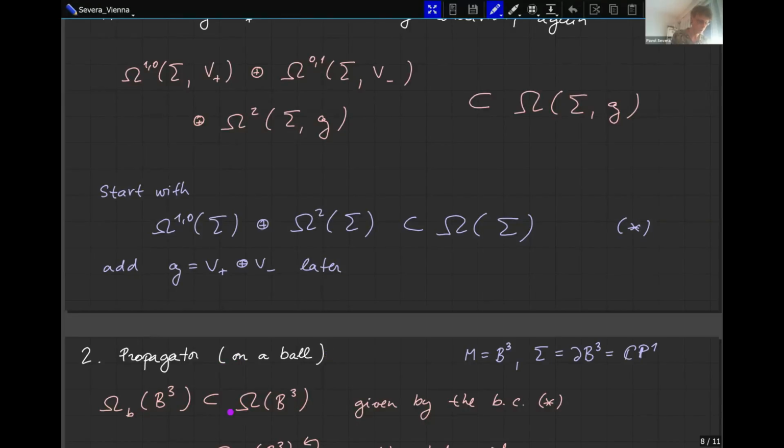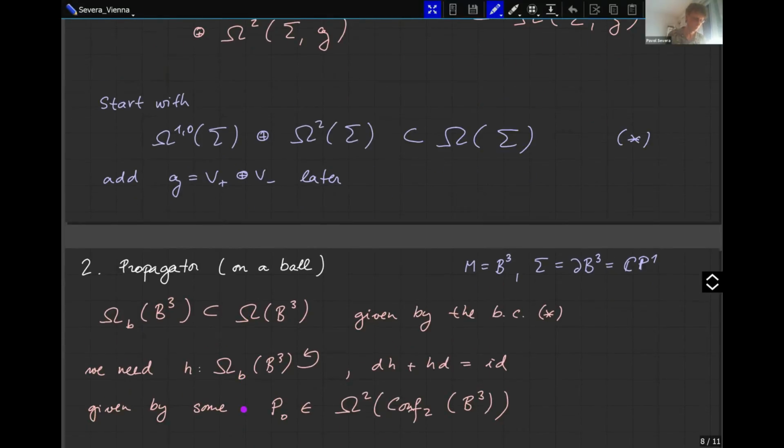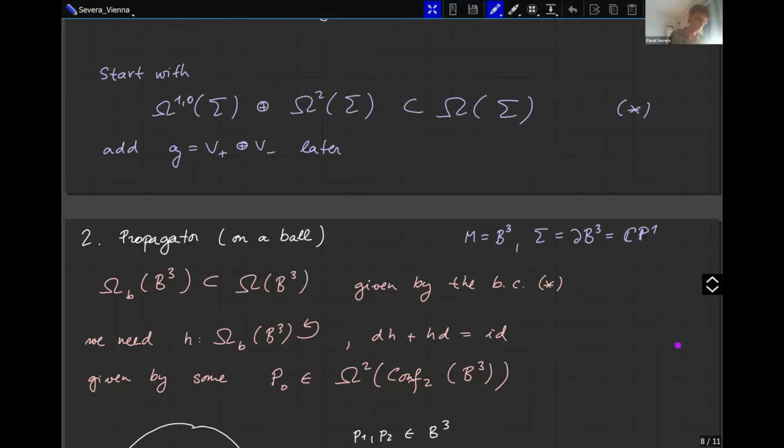Let us take the space of fields that satisfy the boundary condition, which I denote with this little b here. It's the space of fields that, when restricted to CP1, live in here, in the space of forms. And the propagator in the end is going to be just a contracting homotopy for this complex. This complex is fortunately acyclic, so such a thing will exist.